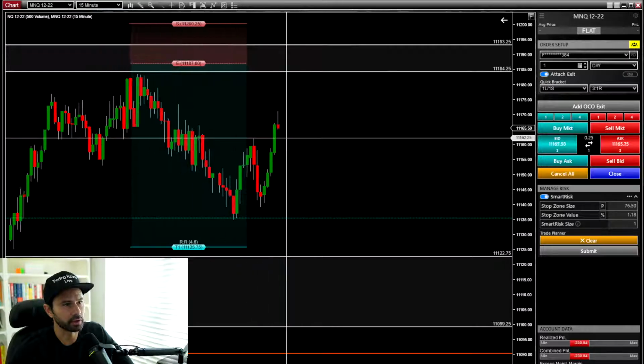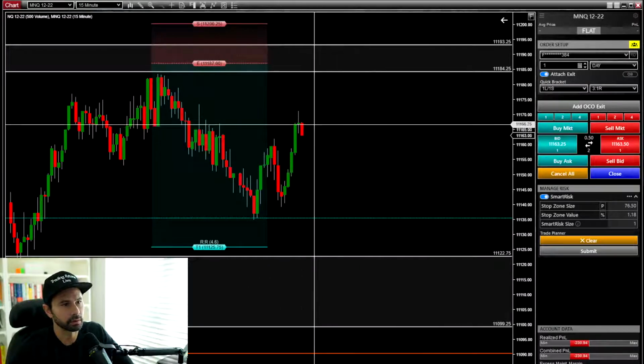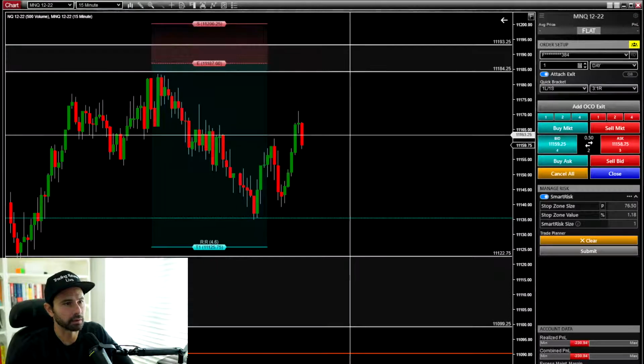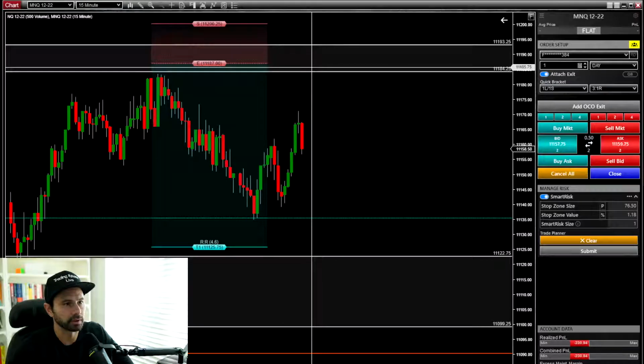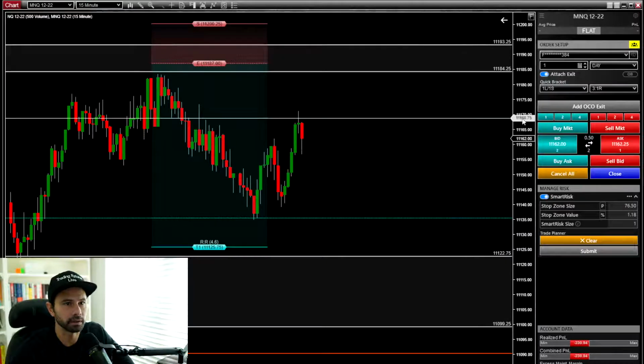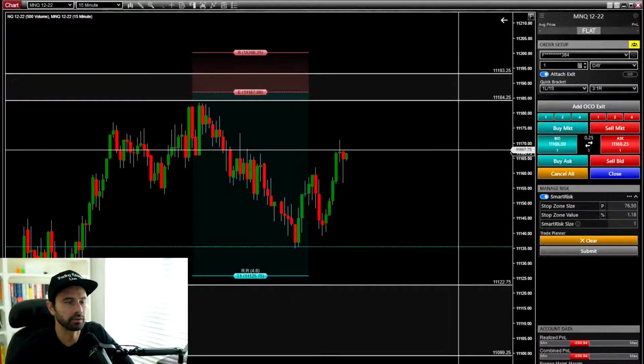I'd rather a sharp move against my direction if I want to short. I don't want this thing just going up, right? I want to short when this thing is sharply moving to the upside. It looks scary, but it's a better setup.